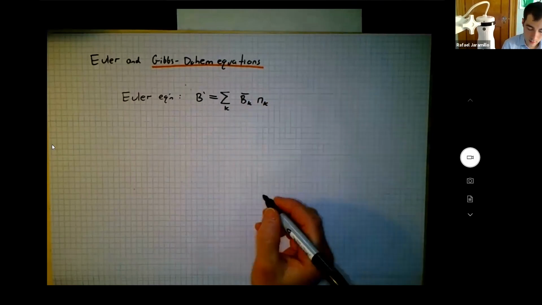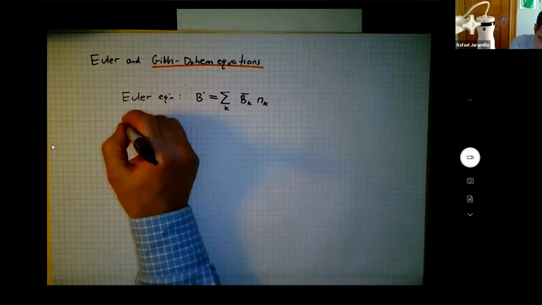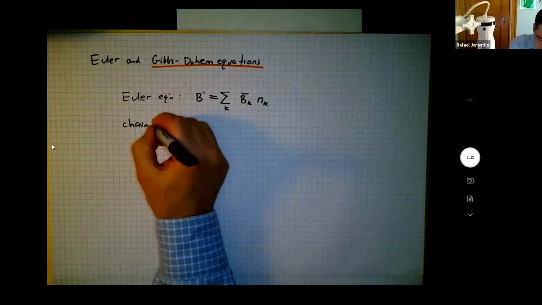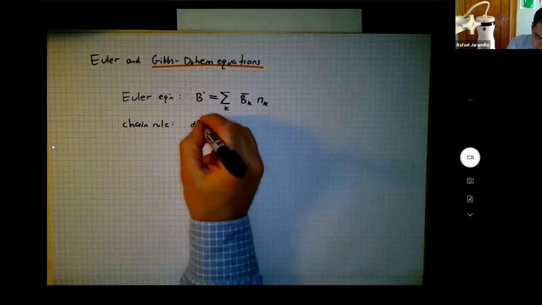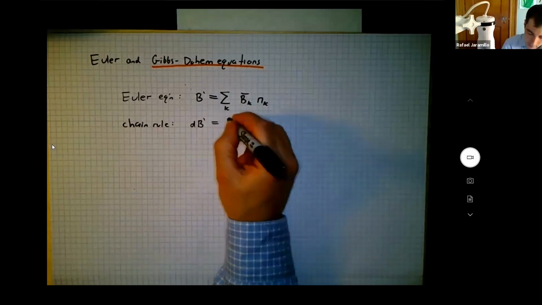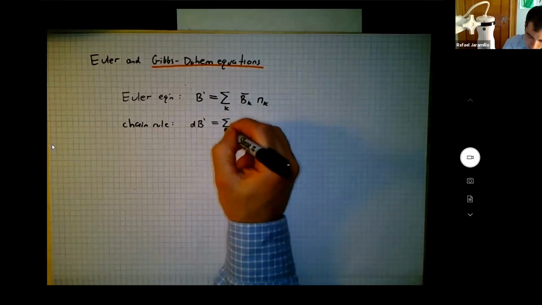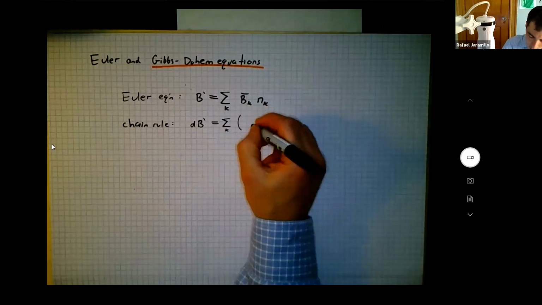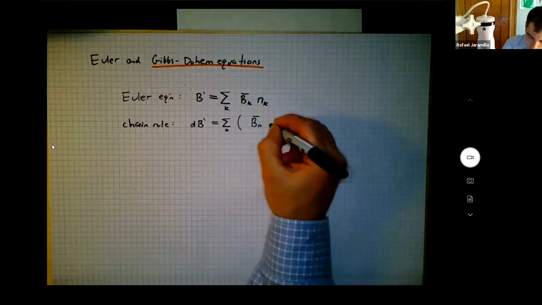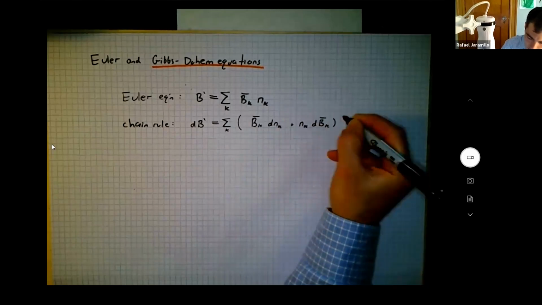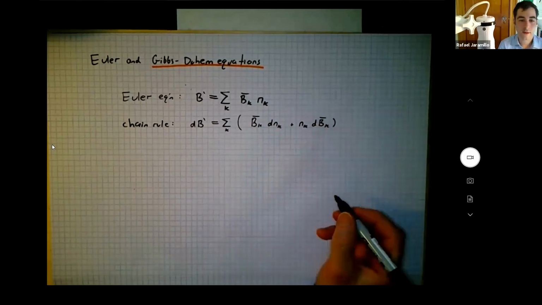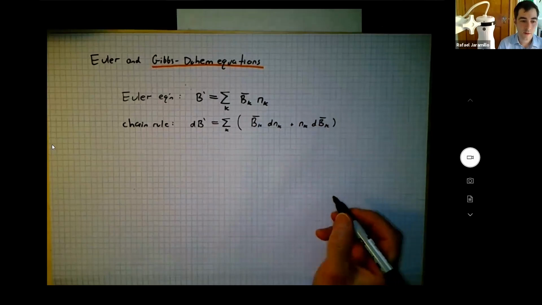And then we're going to use the chain rule. And we're going to calculate the total derivative dB, and that's going to be equal to chain rule stuff: B_k dn_k plus n_k dB_k. And that's relatively straightforward. And we're going to use a coefficient relation.